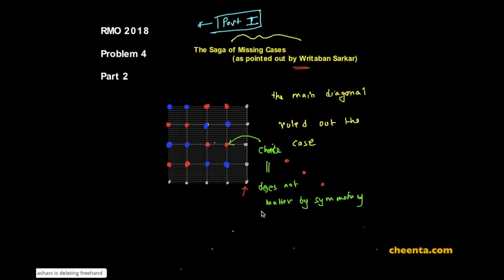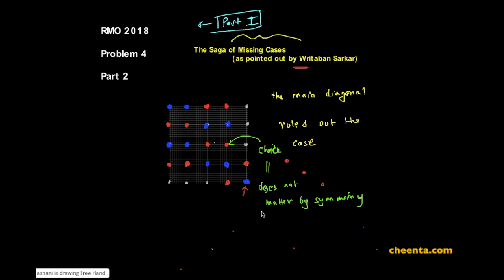What happens if this one is blue? Then we would have this one as red because of the small square. Now if this one is red, then clearly this one is also red. Now what about this vertex?